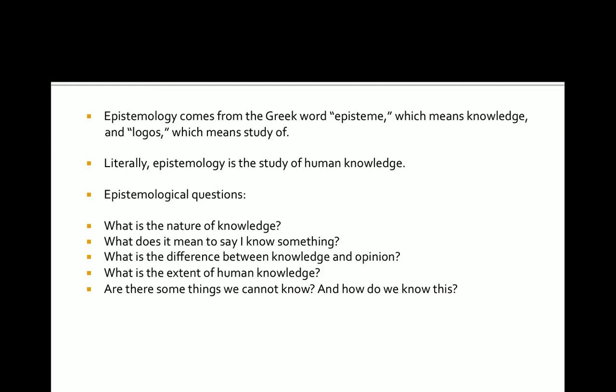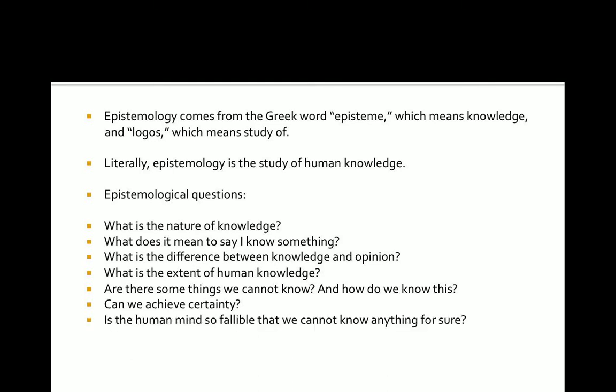Or are there some things that we cannot know? And then the question becomes, how do we know that we cannot know those things? Or can we achieve certainty? Right? Can the mind give us that 100% certainty that we often seek? These are all questions that epistemologists would explore.